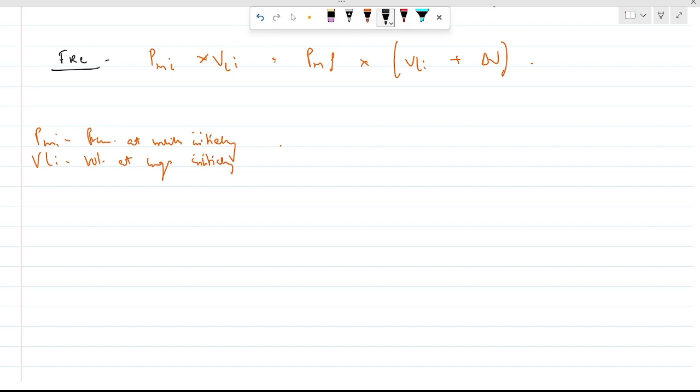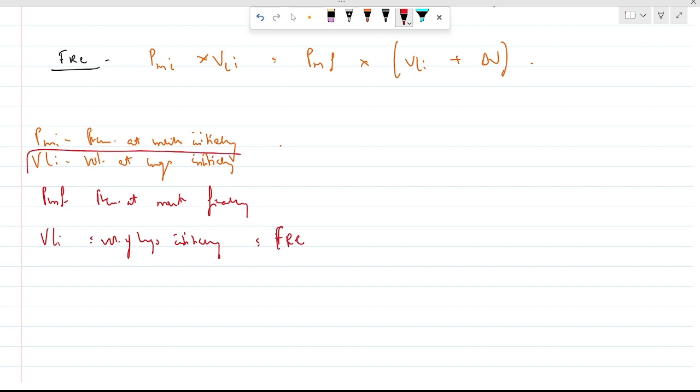Now moving on to the next side of the equation, PMF, pressure at mouth finally. In the bracket we have VLI plus delta V. This VLI, volume of lungs initially, is our FRC.